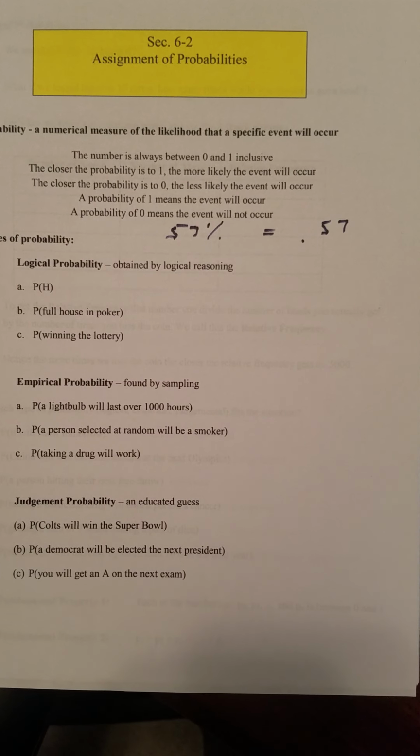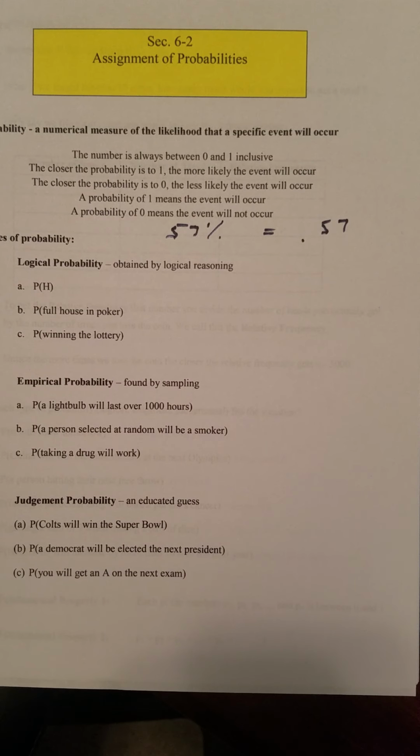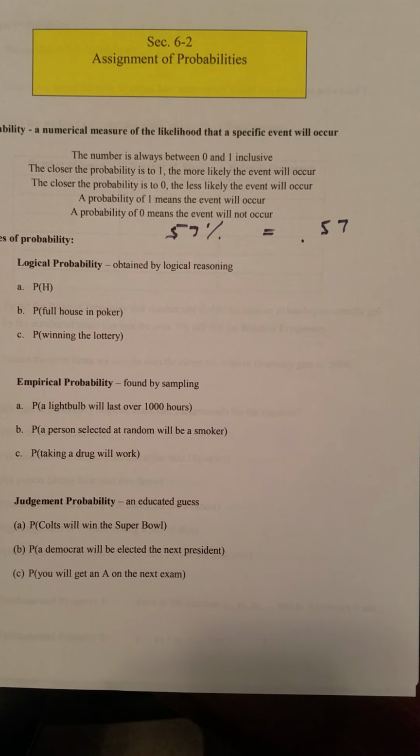We use percents because it makes more sense to us, since we think of things as scales of 0 to 100 as opposed to 0 to 1, but they're interchangeable. In everyday life, we use percents quite a bit, and as you go on in probability and start talking about statistics, we tend to go more towards the decimals.